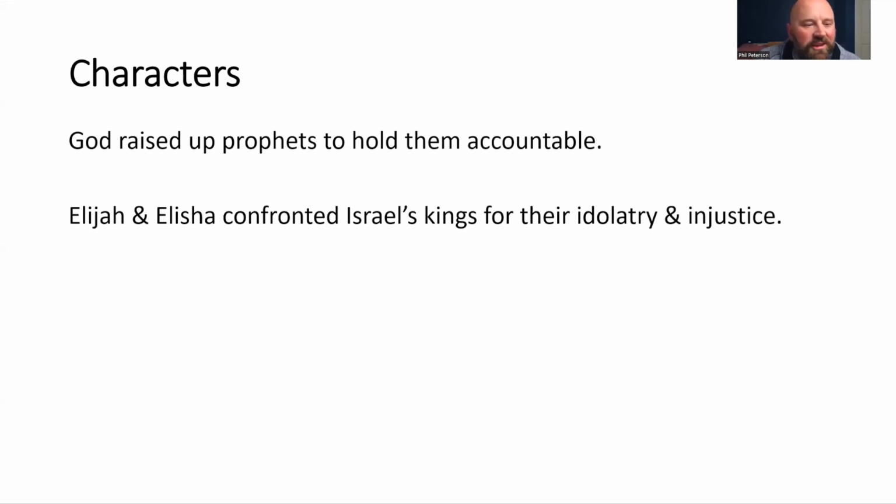Elijah was a wild man of a prophet who lived in the desert, and he spoke against King Ahab in the north, who together with his wife Jezebel instituted the worship of the Canaanite god Baal over Israel. And so just think about the story, and it reminds us way back in Exodus, when God's people were just delivered, and Moses was taking too long, and so they responded by building an idol.